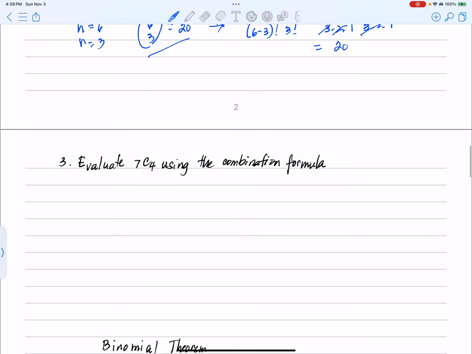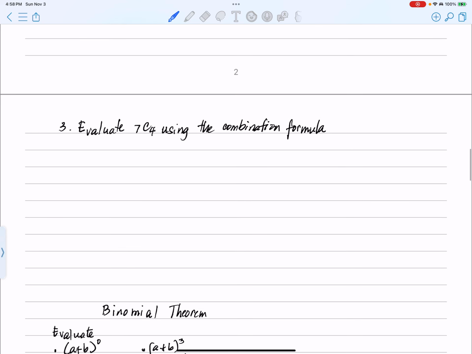Okay. You are asked to evaluate 7 choose 4 using the combination formula. So what is the combination formula? n choose r is n factorial over n minus r factorial times r factorial.